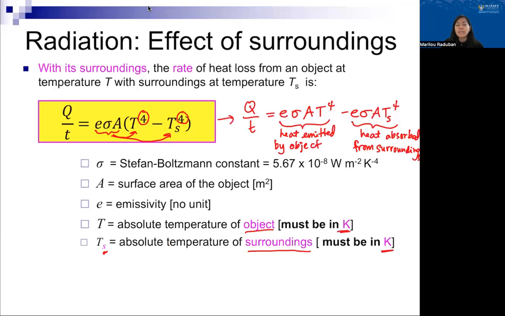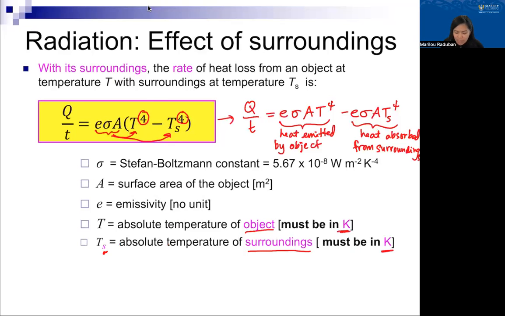So it's not the usual temperature of the object minus temperature of the surroundings. What you need to do is raise the temperature of the object to the power of 4, also raise the temperature of the surroundings to the power of 4, and then you subtract those two. Because the exponent for Celsius is not equal to Kelvin, even if we're subtracting two temperatures, you have to be very careful. The temperatures really must be in Kelvin, right?